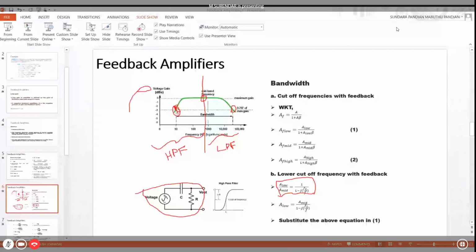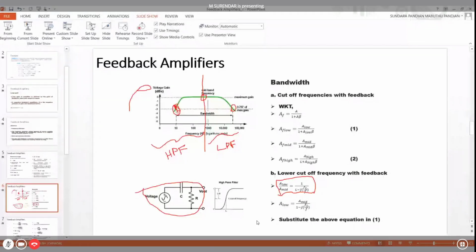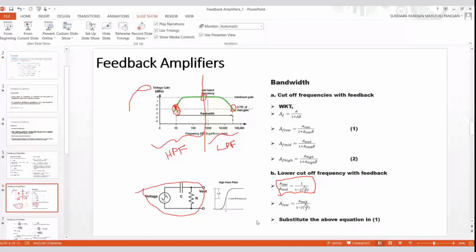Have you seen the equation you used for your low pass filter design when you were doing your last semester's lab, Anirudh sir's lab, if I'm not wrong?